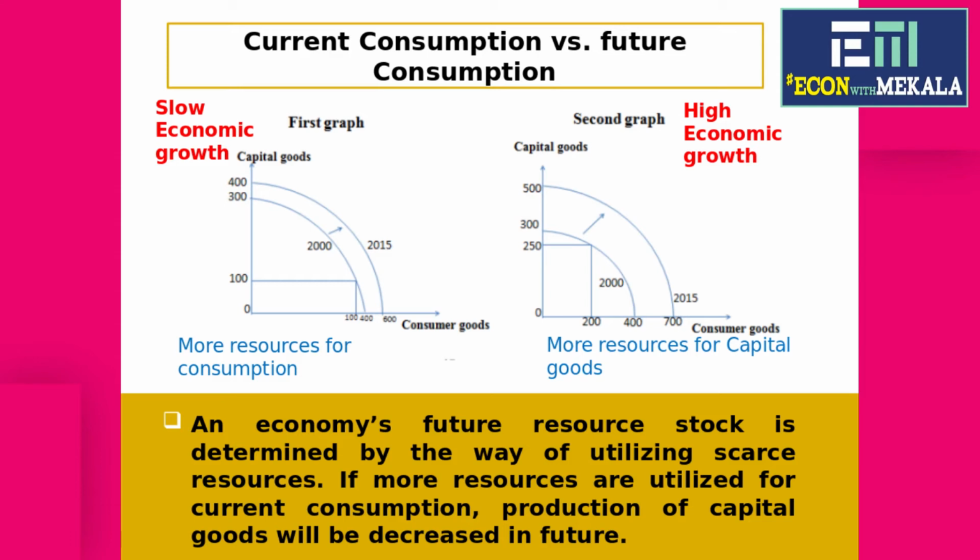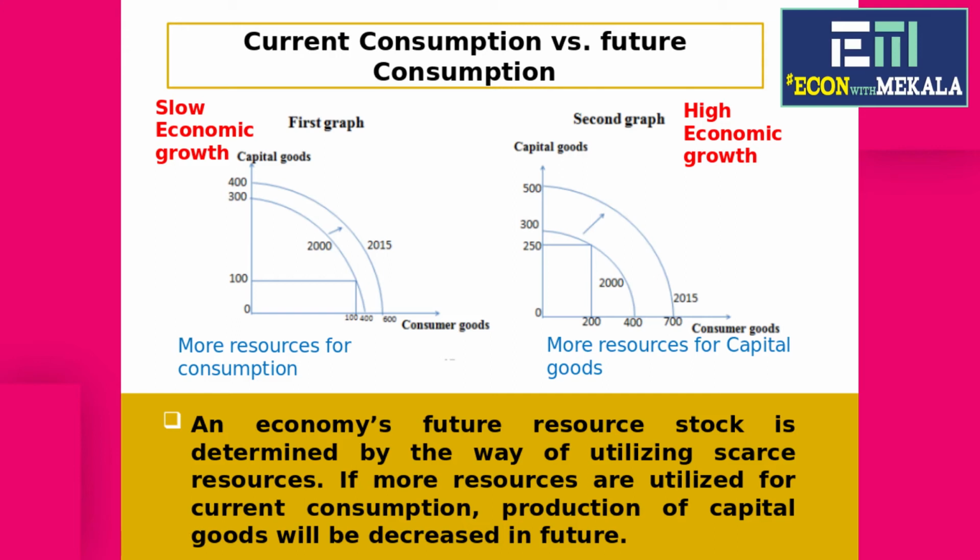As a result, you can see the PPF has shifted outward due to the economic growth, but the distance between two PPF curves is greater. That is because we have allocated more resources. That has created more opportunities for the economy to produce more goods and services in future.